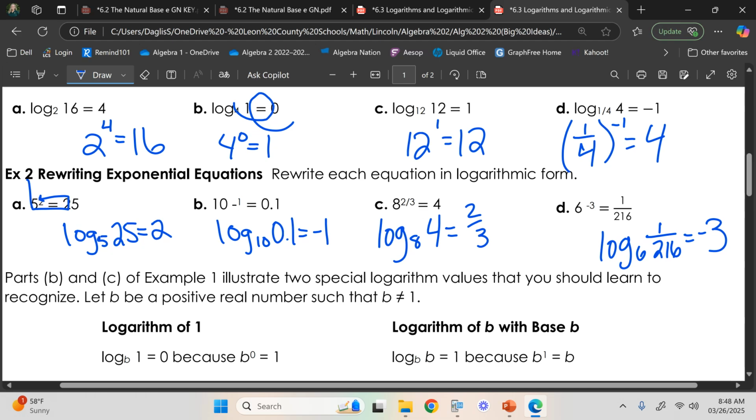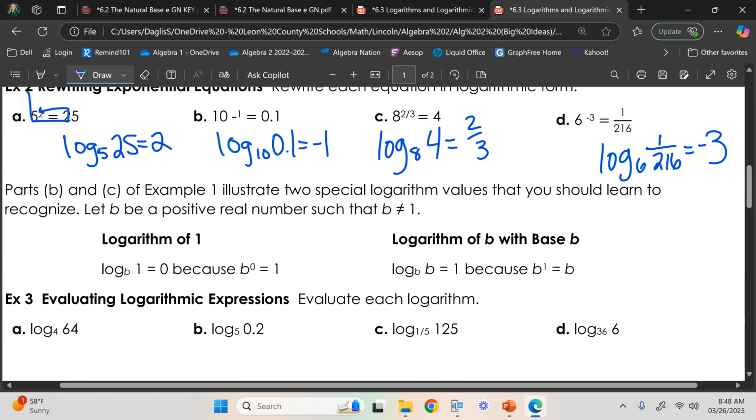Does that make sense? Yes? So that's what this is showing right here. And it does not matter what this base is. If there's a log of 1, it will always equal 0. And in the second special case, when my base and my value are the same thing, your b and your y, it has to equal 1, because a base raised to 1 always equals itself.